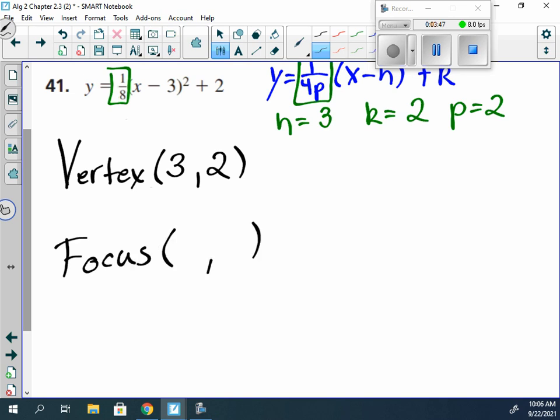Focus. Let's see here. Almost, because it's H, 3, comma, so 2 plus 2 would be 4. It's H, K plus P.